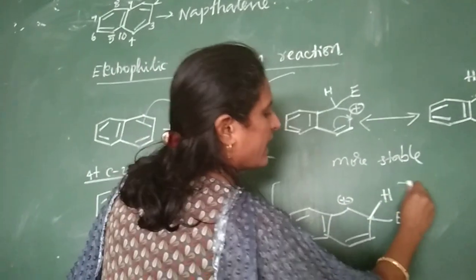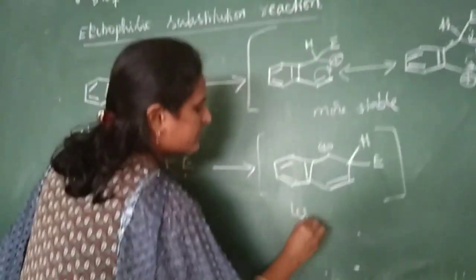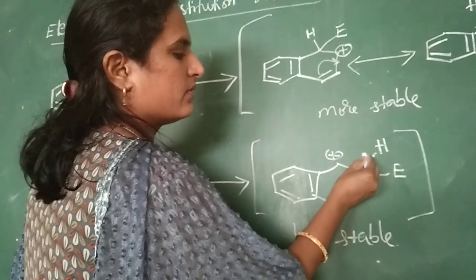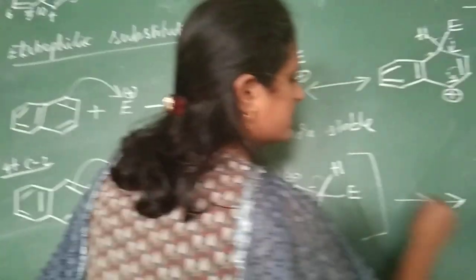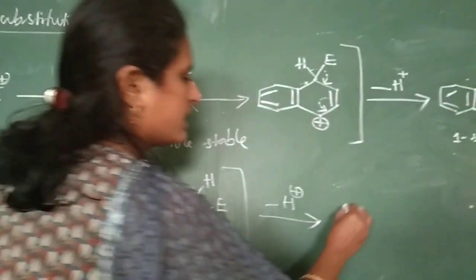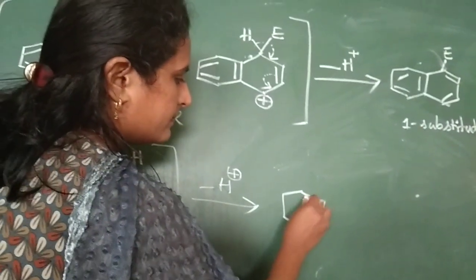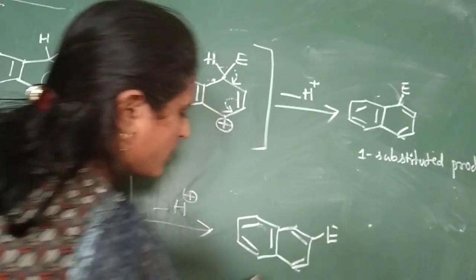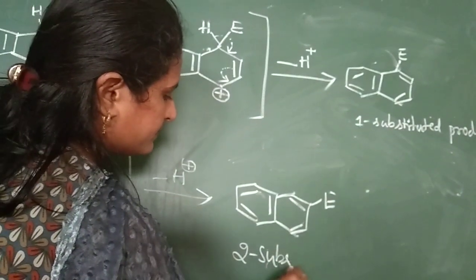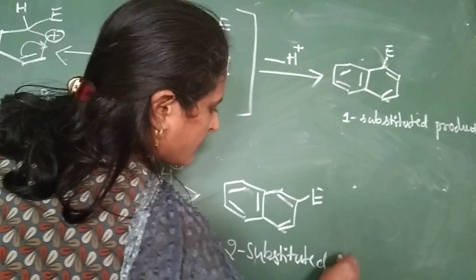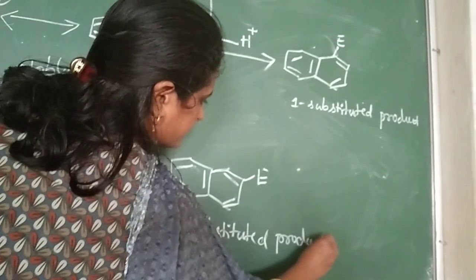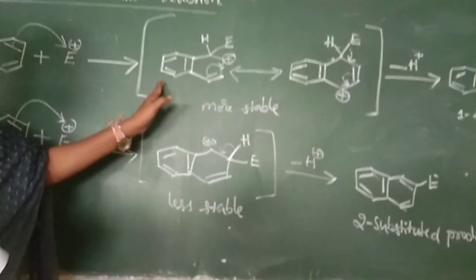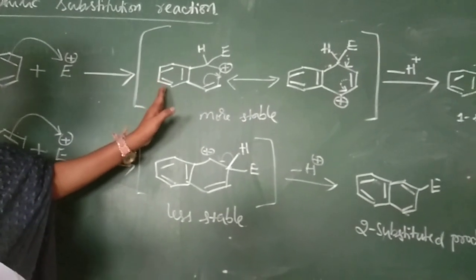This is also an intermediate, a less stable intermediate. Finally, hydrogen leaves with this bond and is eliminated, and gives the two substituted product. Between these two, the first product is the more stable product.